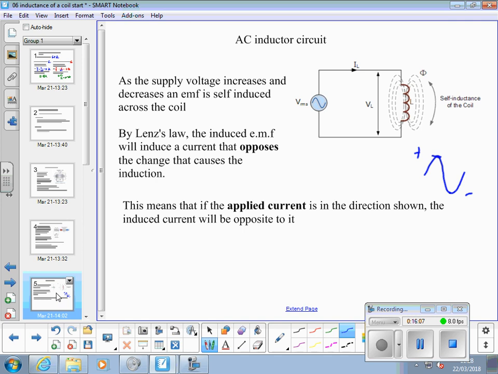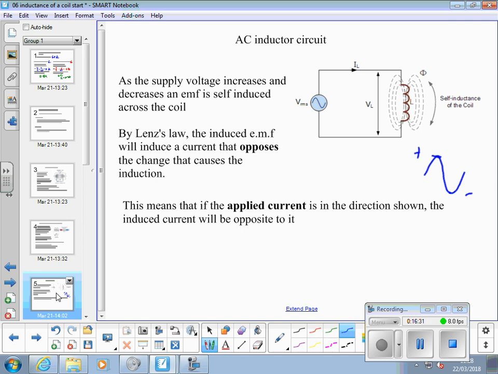If you imagine that flux collapsing and building up, it's cutting across the coils in the wire, and therefore that's inducing an EMF in the coil itself. So you're applying a voltage, you're applying a current, but there's also another voltage being induced.